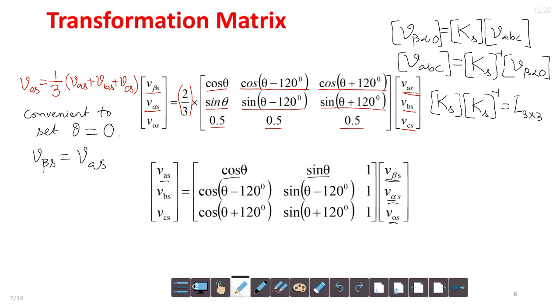So, V beta S equals V A S, and V alpha S is 1 by root 3 times V C S minus V B S, and then the inverse transformation with theta equal to 0 degree.